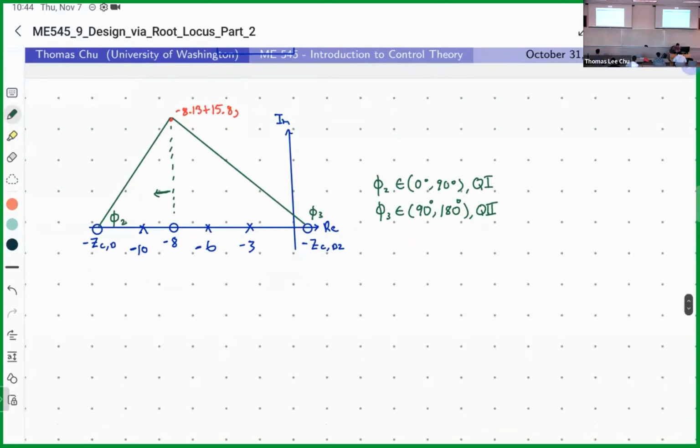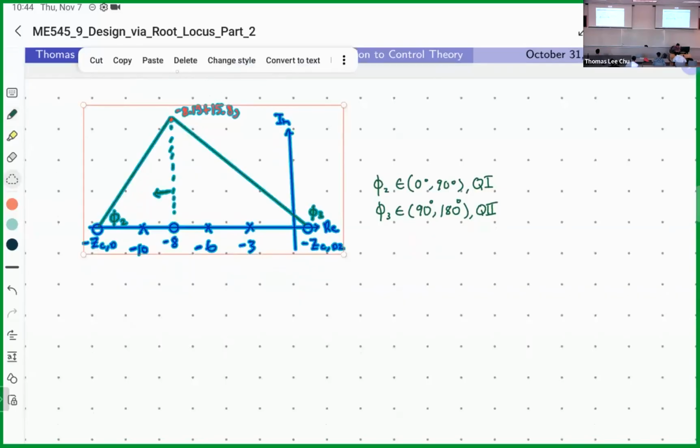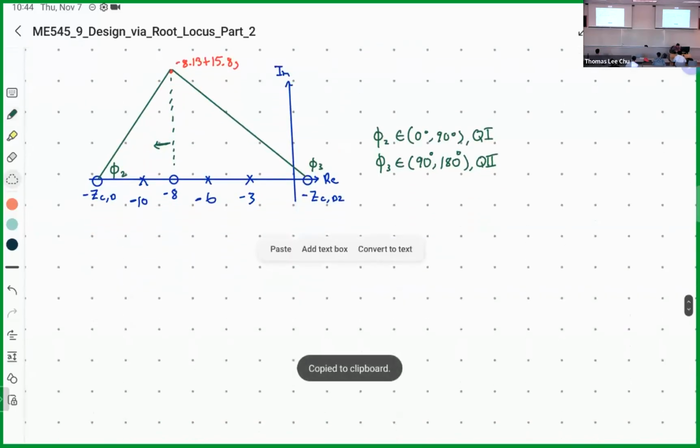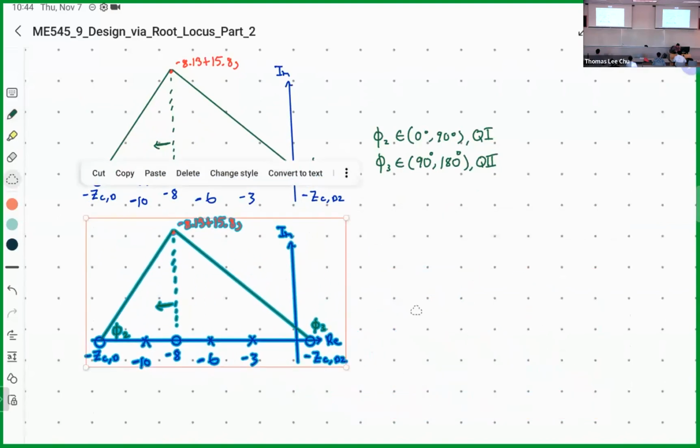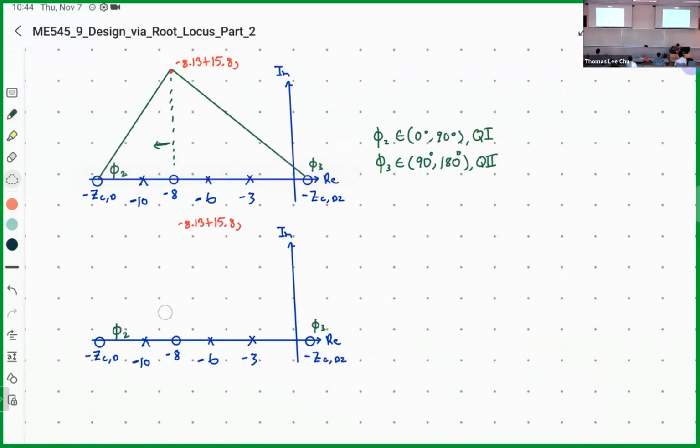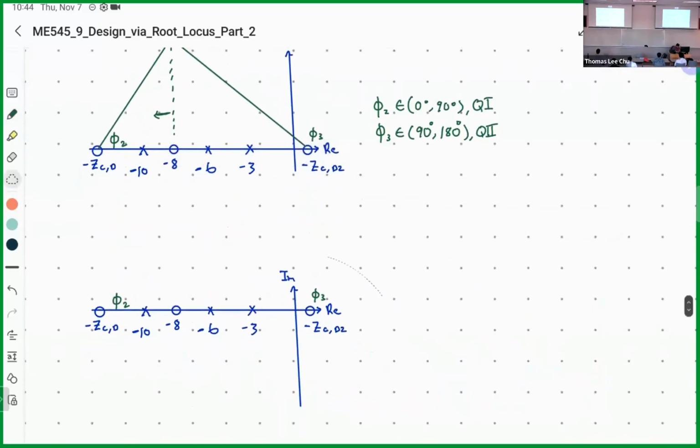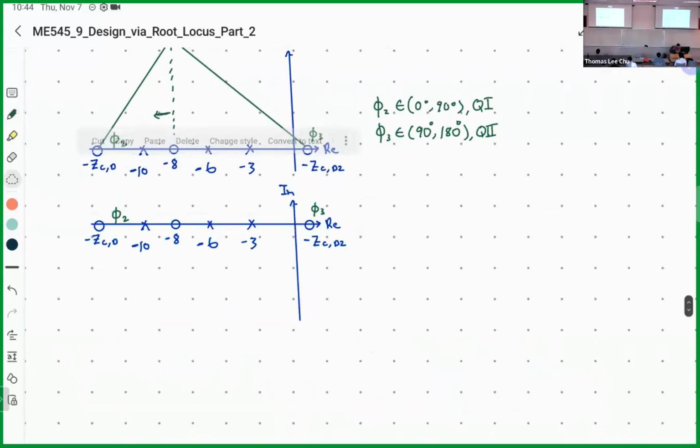So if I flip it to where instead we have the point down here, then it's the opposite. We're now bounded between Q3 and Q4.